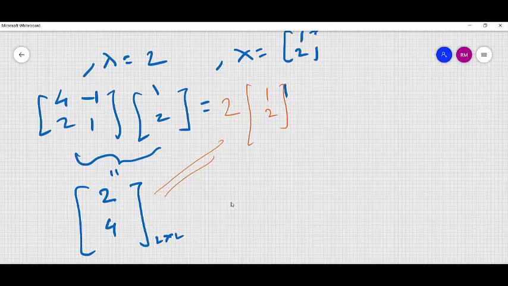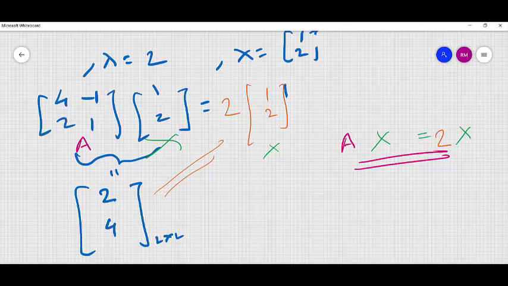So this is our A matrix and this is our X matrix, and this is also the X matrix. Here 2 is the eigenvalue. Ax equals 2x. 2 is called the eigenvalue for the eigenvector x of matrix A.